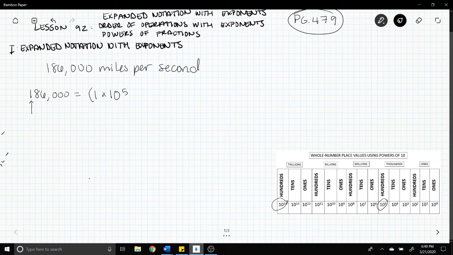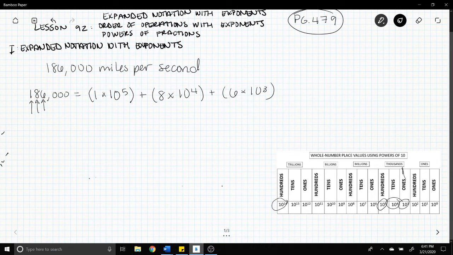Okay, plus your next digit is 8. That's in the 10,000s place. So 10,000s, 10 to the power of 4. Plus 6. What place value is our 6 in? It's in the thousands place, so 1,000s, 10 to the power of 3.